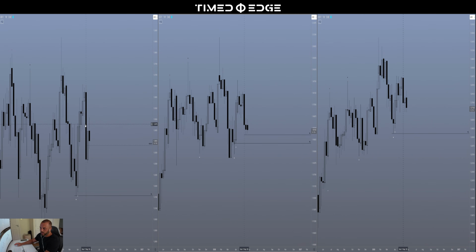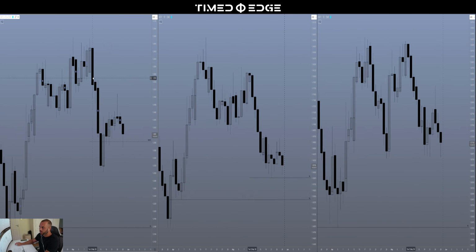Because none of these liquidity pools have all gone, right? So if we've taken the high and low between the 3 assets, we need to find a lower time frame liquidity pool. So we drop down to the daily.